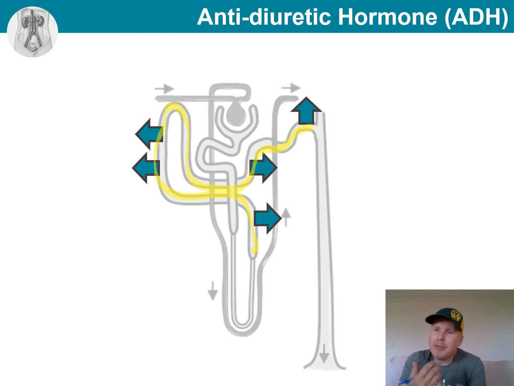The presence of ADH makes the wall of the distal convoluted tubule more permeable, which results in more fluid being recovered back to the circulation from the nephron. So, as a net result, less urine is being produced.